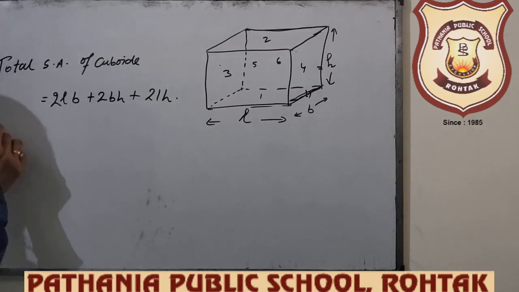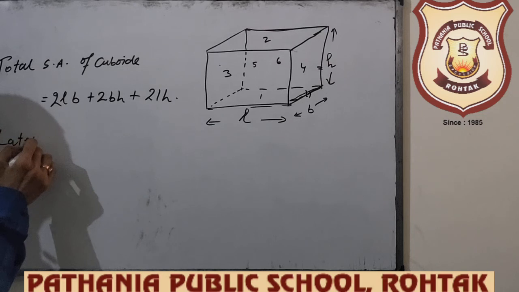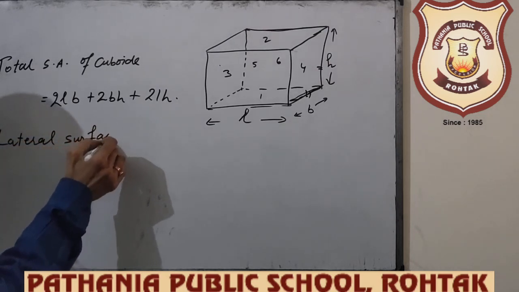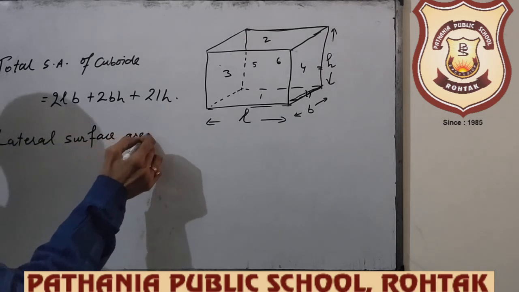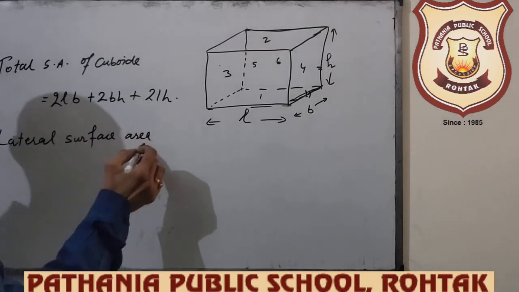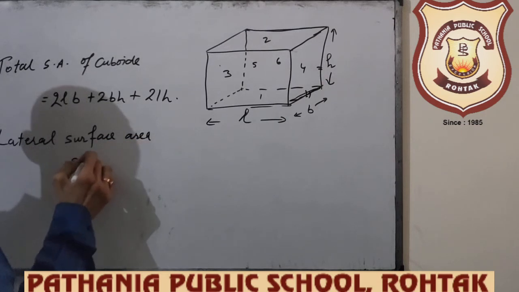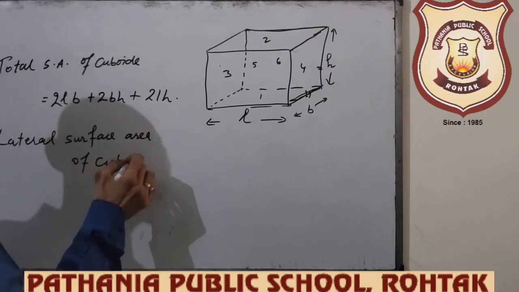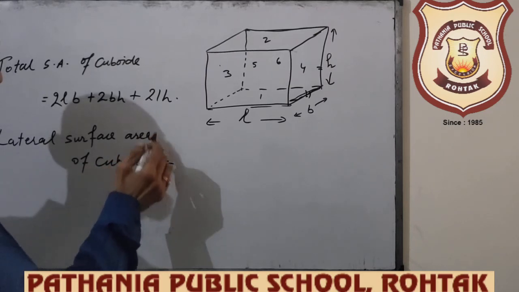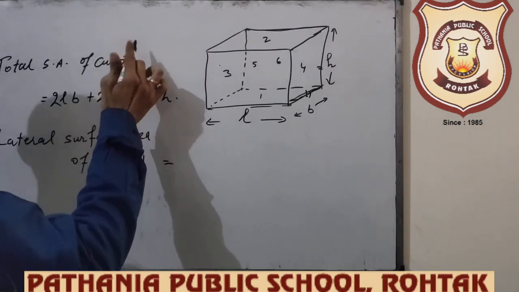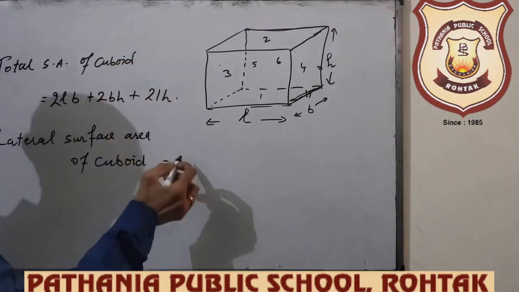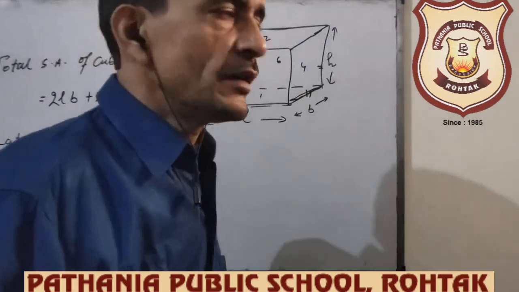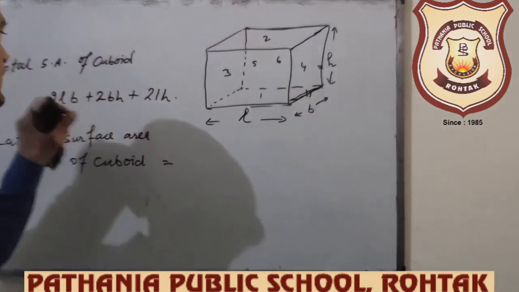Now I am writing the lateral surface area of cuboid. Beta, lateral surface area means area other than top and bottom. Leave the top and bottom, leave 2LB.